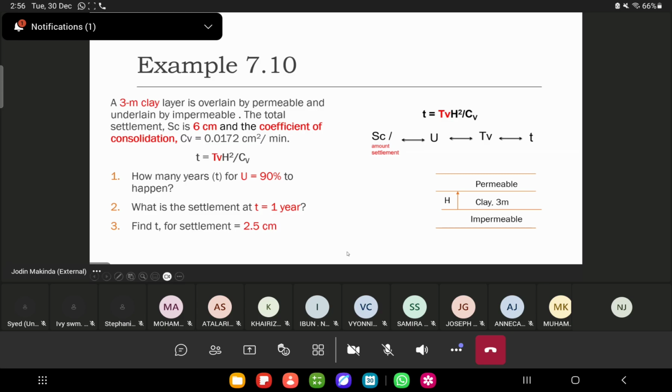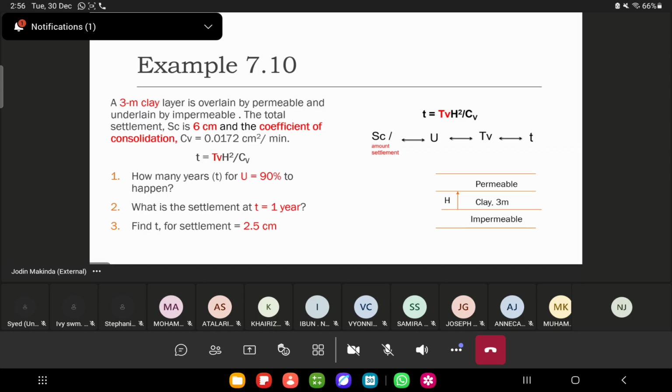So given that the total settlement is 6 centimeter and the coefficient of consolidation is 0.0172 cm square per minute. Therefore, the question asked here: how many years for 90% of the 6 centimeter to happen?